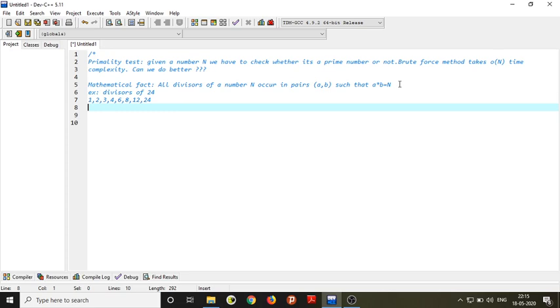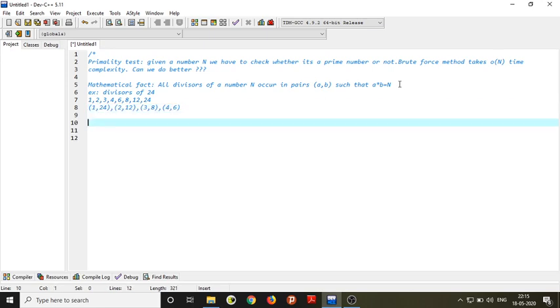So we can group 1 and 24 such that 1 star 24 is equal to 24. We can group 2 and 12, 3 and 8, and 4 comma 6.